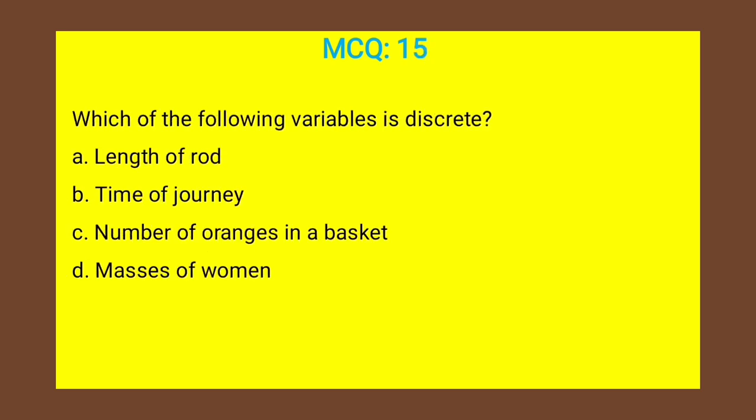Question 15. Which of the following variables are discrete? We said a discrete data is data in which the variables can be counted, or there is a number attached to that data. For example, taking the number of children in a particular family, or the number of old individuals within a particular family, or the number of pens we have in, let's say, a red box.